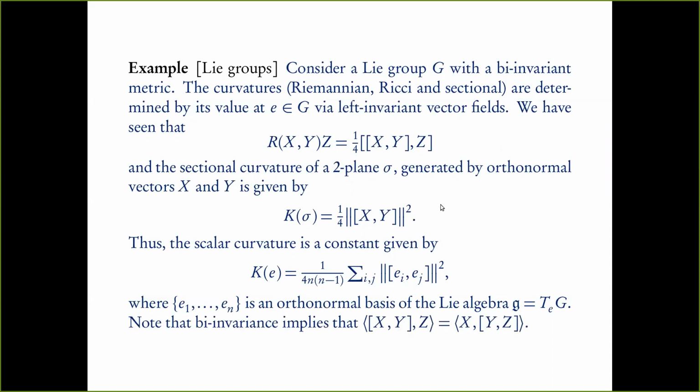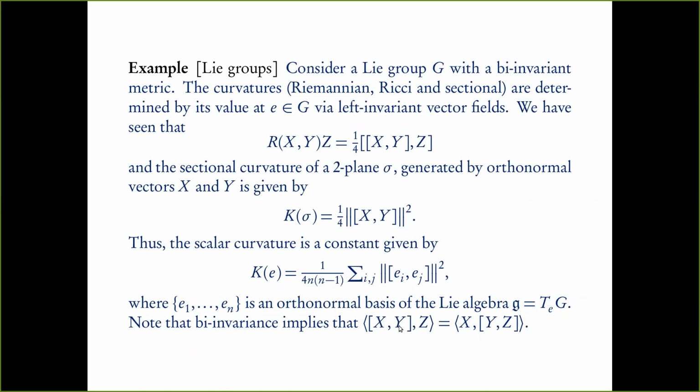Okay, good. So before we move on to compute the Ricci curvature, note that biinvariance implies, and I remember that I had given this to you as an exercise. So hopefully some of you at least have gone back and done this. This is a very important equality which is used all the time when people talk about biinvariant metrics. Biinvariance implies this equality, that y is in the middle.